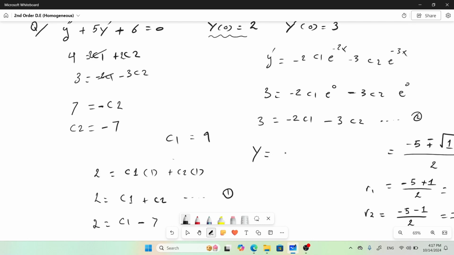So y is equal to 9 exponential negative 2x plus, sorry, let me change that, minus 7 exponential negative 3x, and that's the final answer.